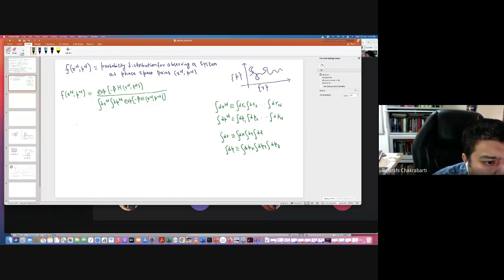Now, this one I can further write like this. I write this as exponential of minus beta. You remember what H is? H is made of two terms, no? Remember this?